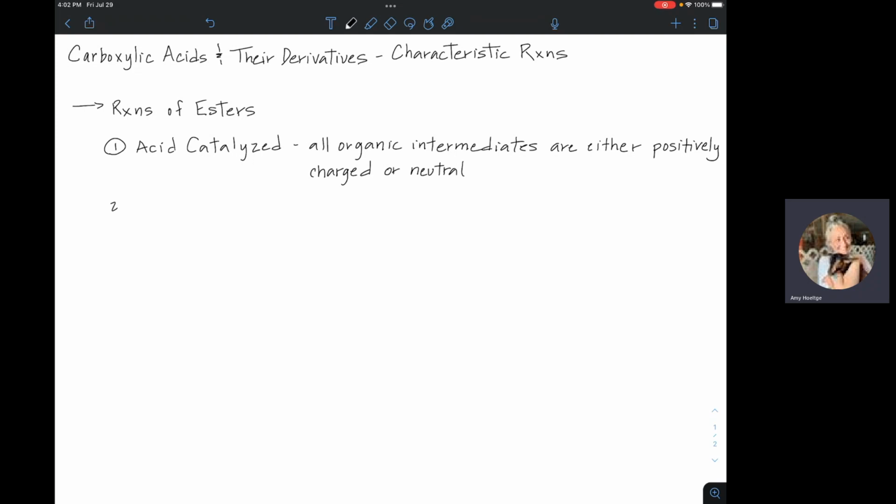We could have a base promoted. So notice there's a difference there. And when we go through the specific examples, I will make sure to let you know why we use a different word. This is not catalyzed. It's just promoted by the use of a base. So like encouraged by the base, right? And in this instance, all organic intermediates are either going to be negatively charged or neutral.